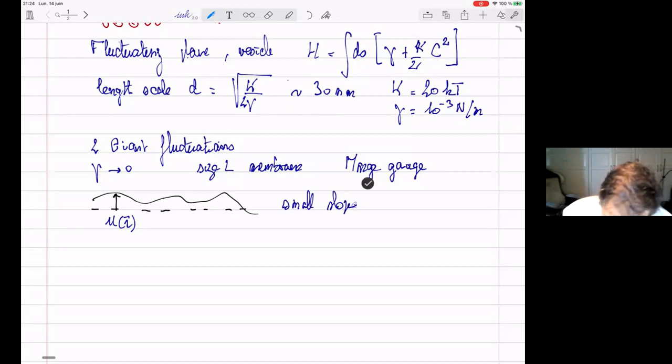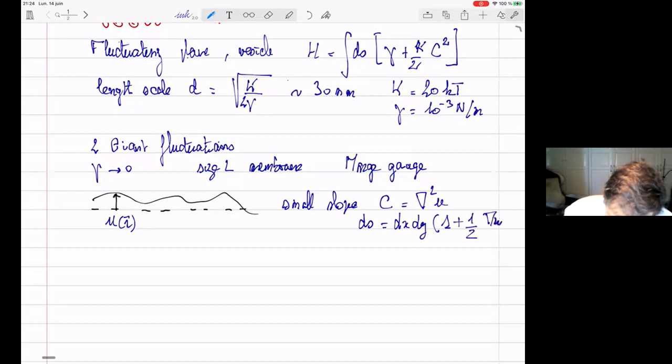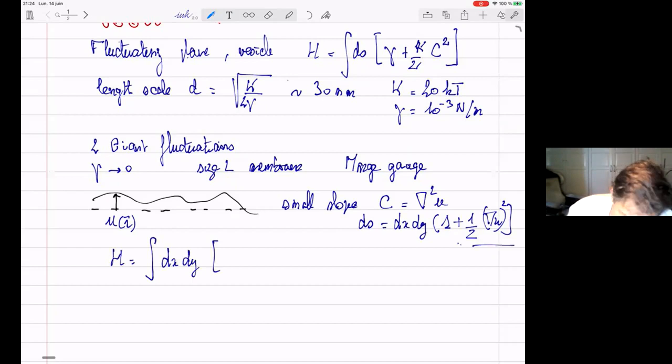Now in this case, the curvature is just the Laplacian of u, and the surface element is just dx dy times 1 plus 1/2 gradient u squared. Now if I plug that into this energy, I get H equals the integral of dx dy, and then I have two terms: the term that comes from here, which is gamma over 2 gradient u squared, plus kappa times the Laplacian of u squared.